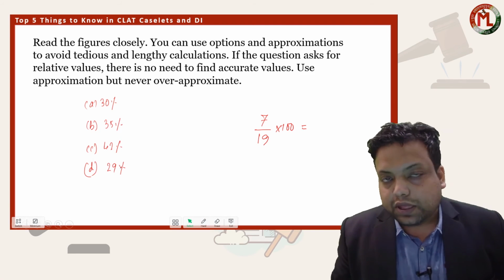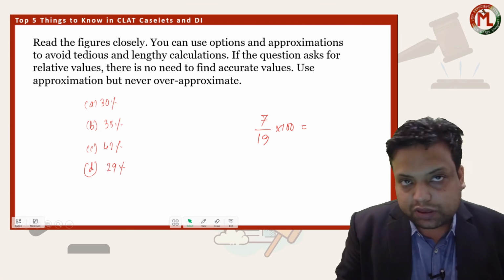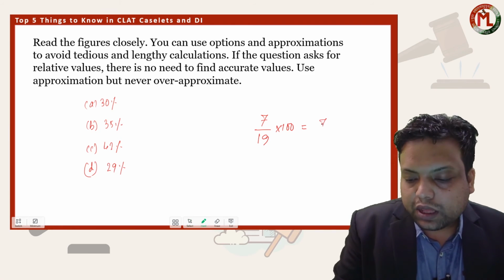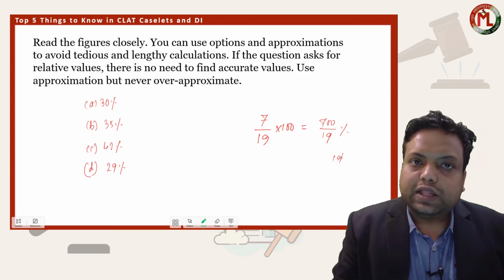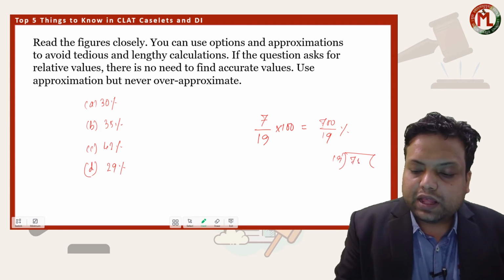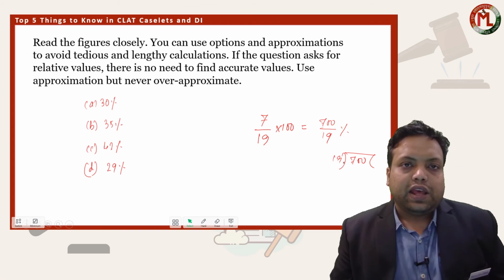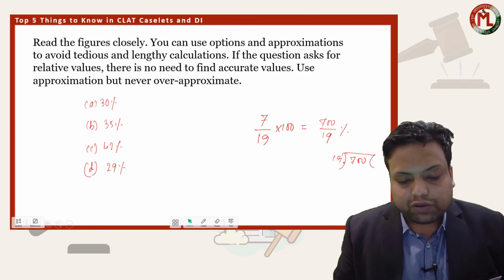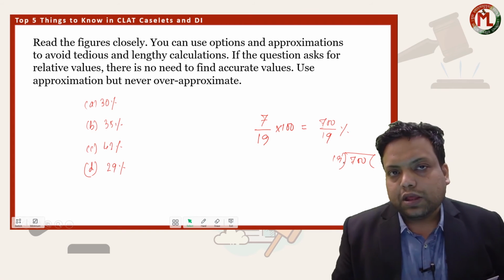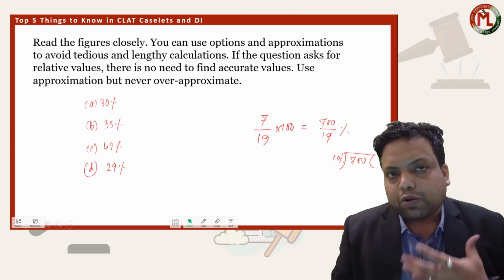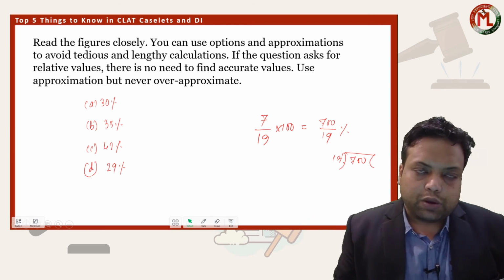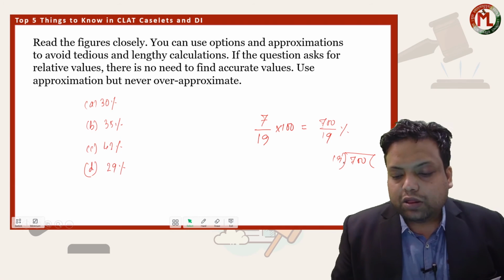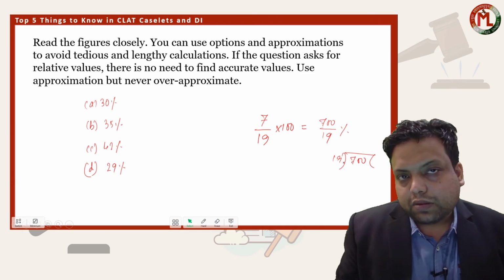What I have actually seen students do is this calculation the long way, 700 divided by 19, and they go on dividing 700 by 19 to find the nearest possible answer. See, in this type of question they have already asked to find the approximate or the best answer, so choose the best one.